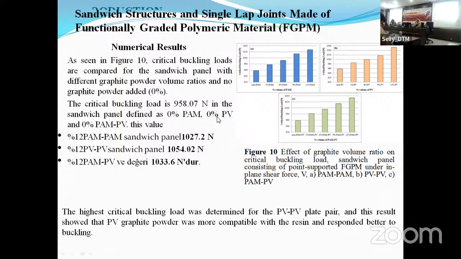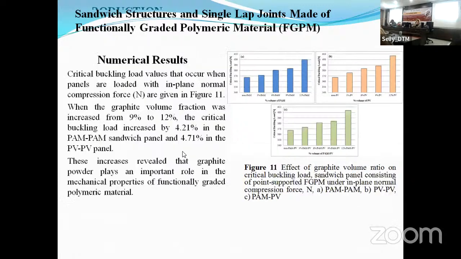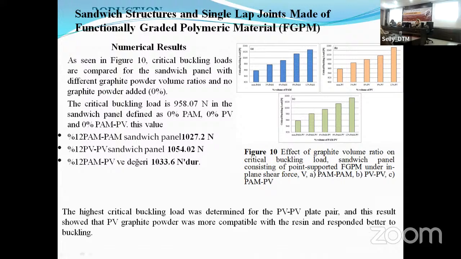So we can say the PV and PV sandwich panel is the best one because its critical buckling load is nearly 1054. The highest critical buckling load was determined for the PV and PV plate pair. These results show that because you're an engineer, you need comments.